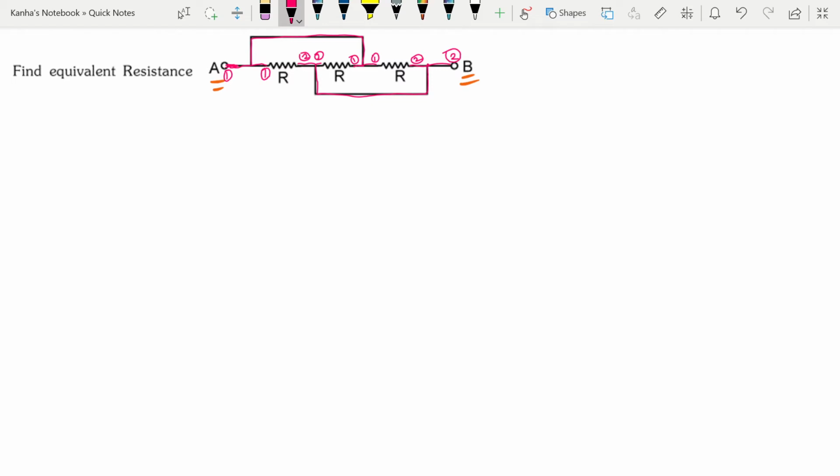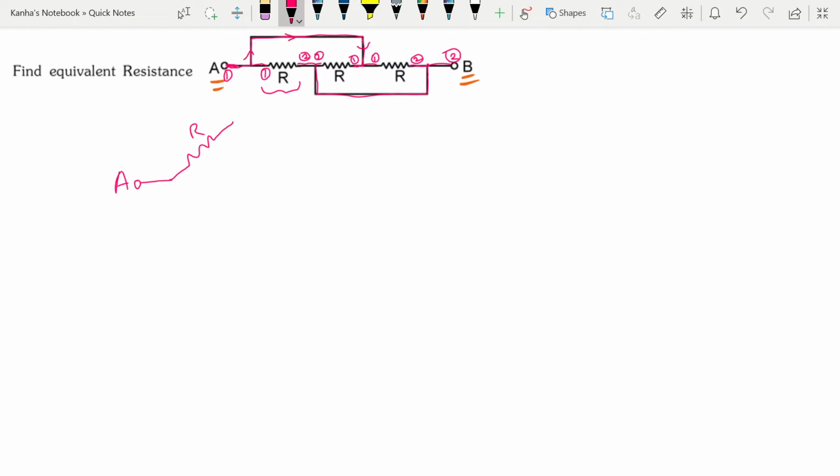Okay. So what do I see? In order to go from 1 to 2, or A to B, this is my A. Now in order to go from A to the second potential, I can either go this way, okay, or let's say I follow this.